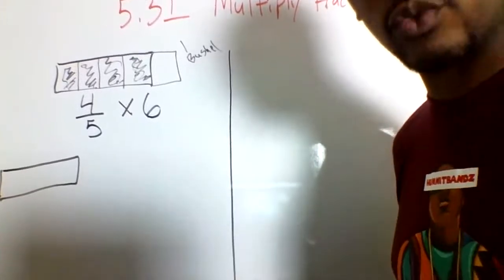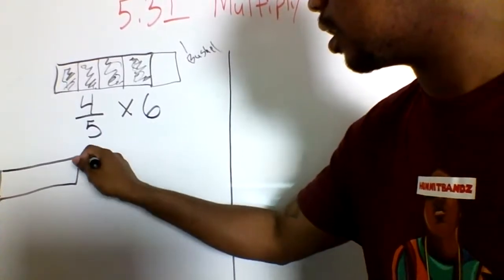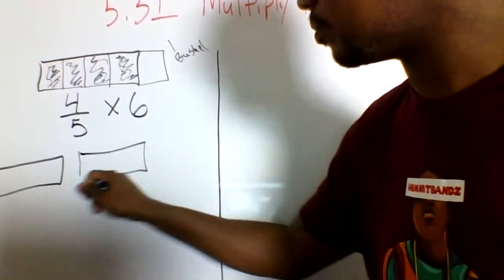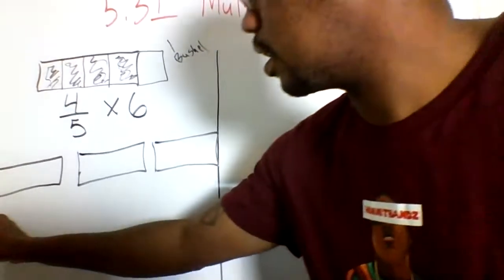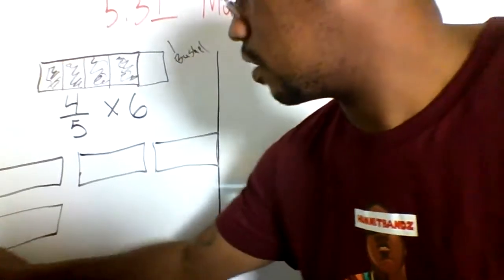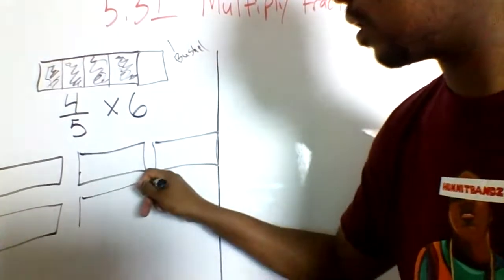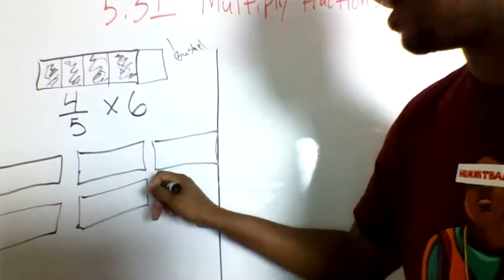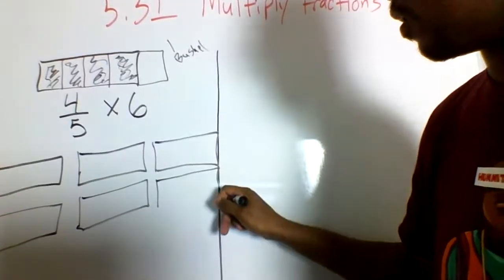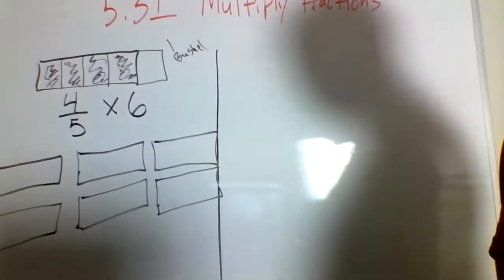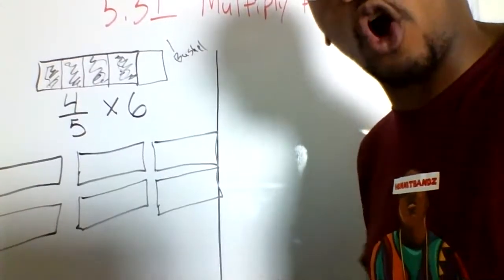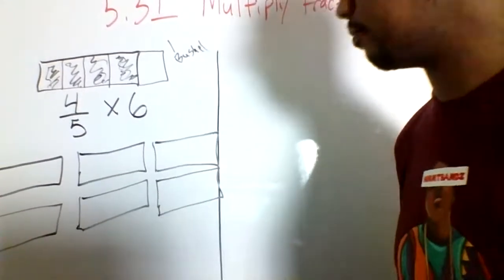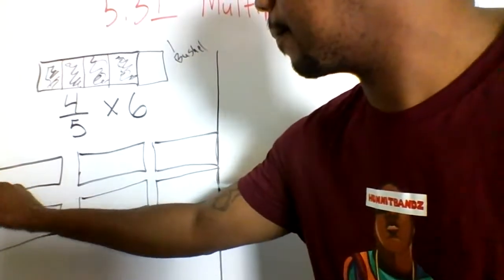So I'm going to need 6 rectangles. 1, 2, 3, 4, 5, 6, right? And I'm going to show the fraction 4/5 on each rectangle. All right.